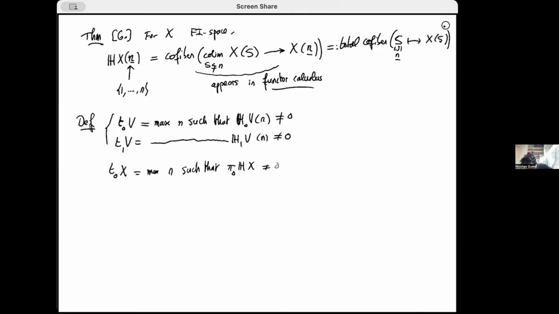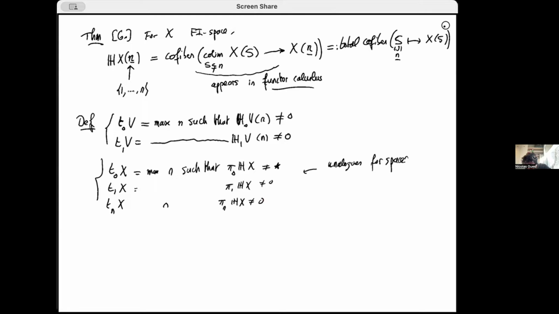So as soon as pi 0 is not connected, is not a point, and same for T1 of X, which would be the max n such that T1 of HX of n is non-zero. So these are the analogs for spaces.